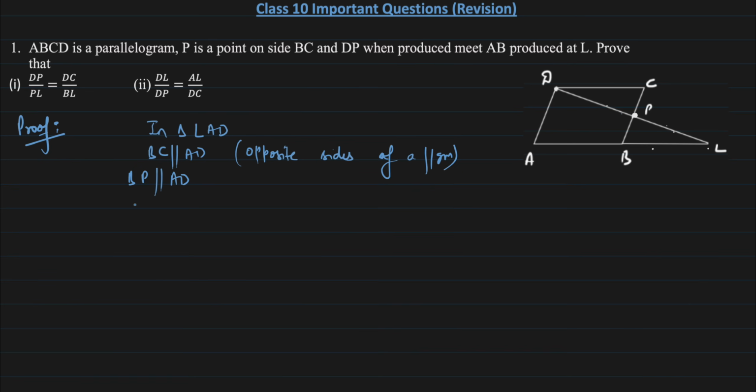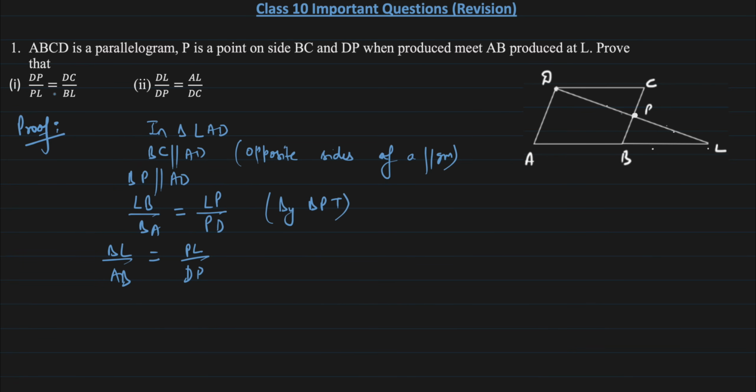So using BPT, I can say that LB by BA equals LP by PD. This is by BPT. We can arrange it in a different way also. We can write it as BL by AB equals PL by DP.